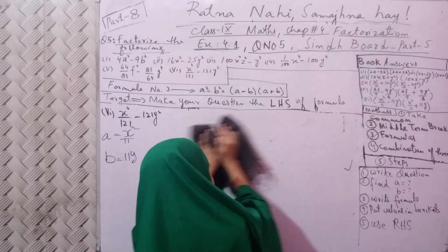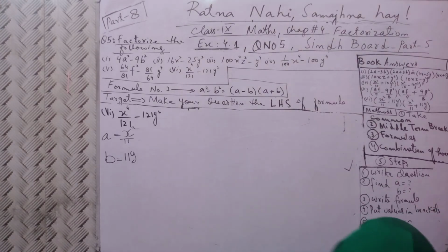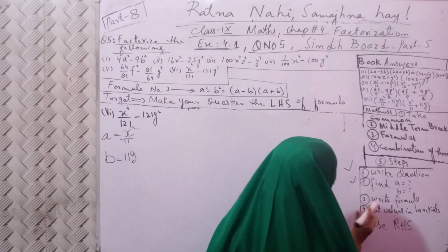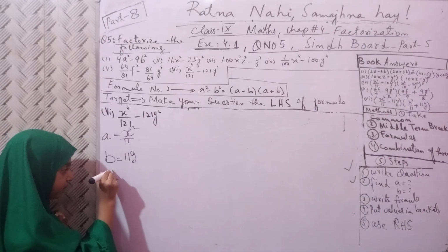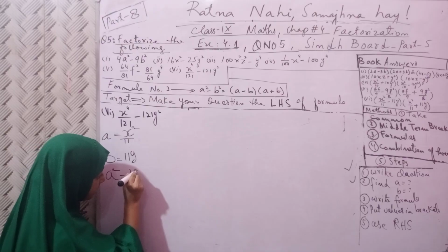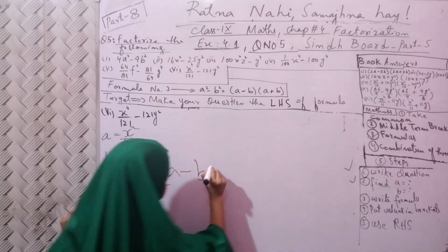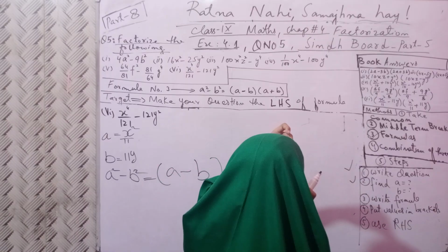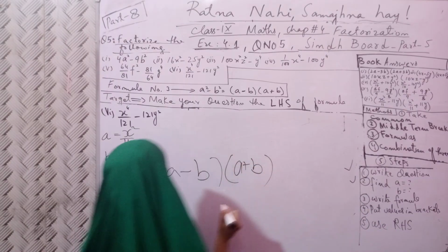step number 3. Step number 3, write formula. Which formula we will write? You know exactly, the third one: a square minus b square is equal to bracket a minus b bracket a plus b bracket.